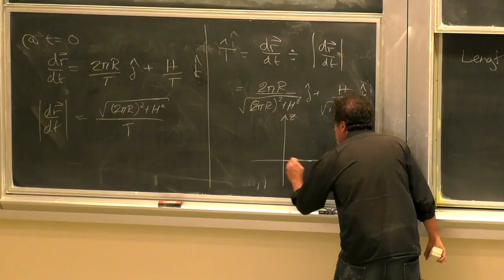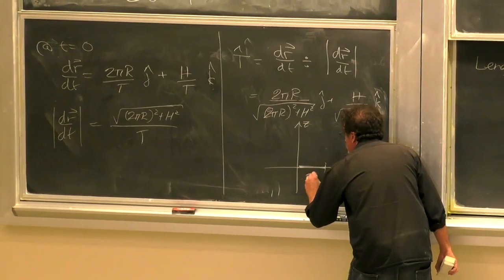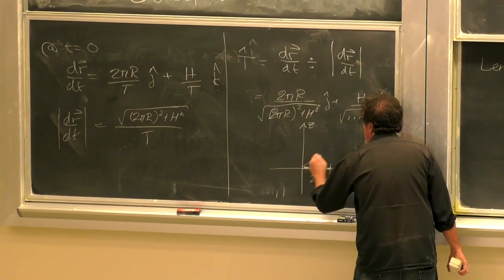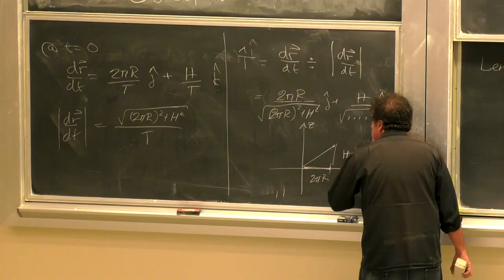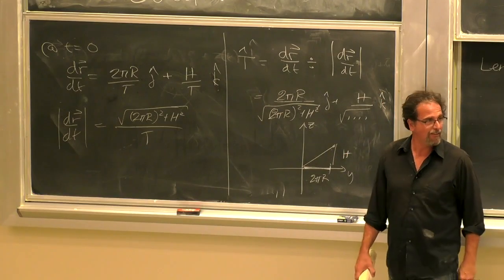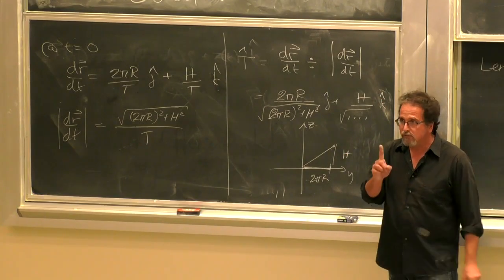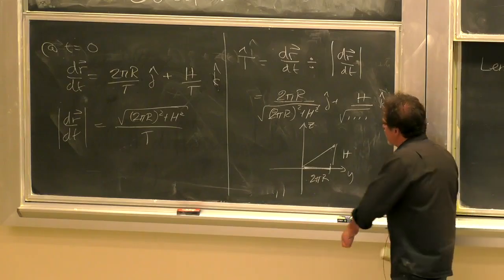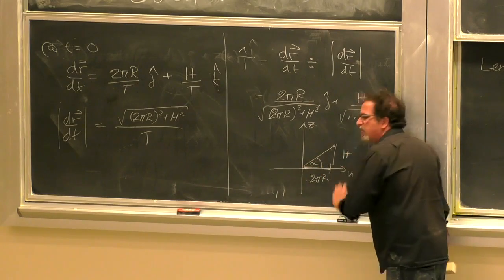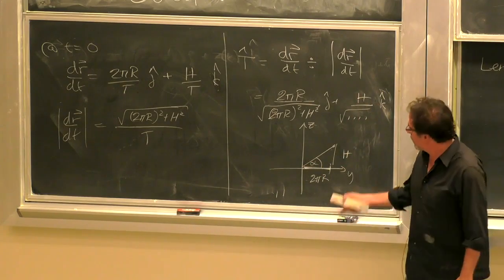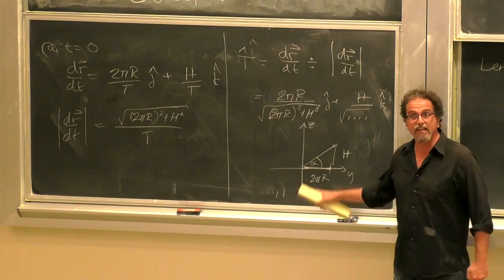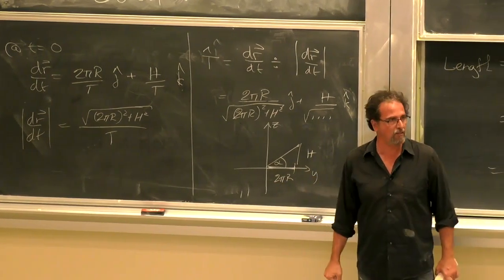So the run here is 2 pi r, and the rise is h. And so, what have you just created here? You've got this angle here. I'm going to call that alpha. Sorry that I'm drawing it so small for you guys at the back. That's alpha. That's the pitch angle.